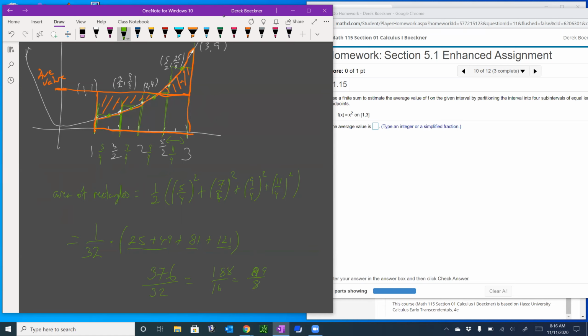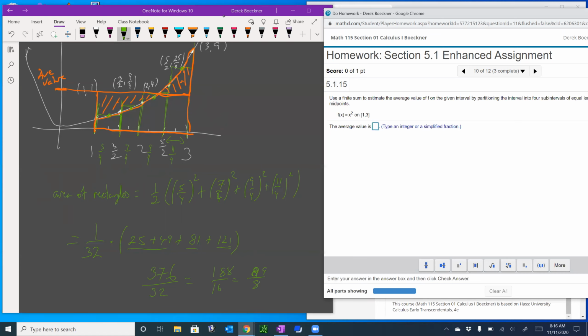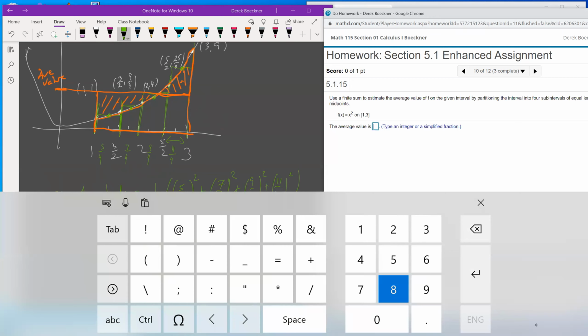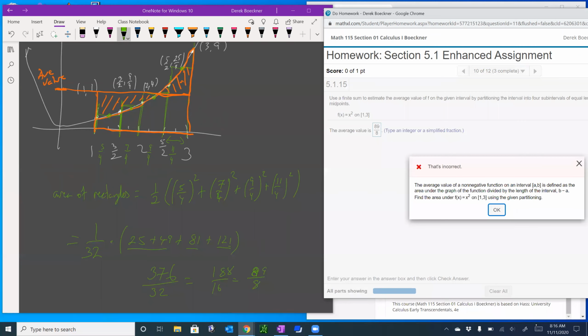Yeah, 89 over 8. I think I did my arithmetic right. But there's always a risk that I don't do arithmetic correctly.